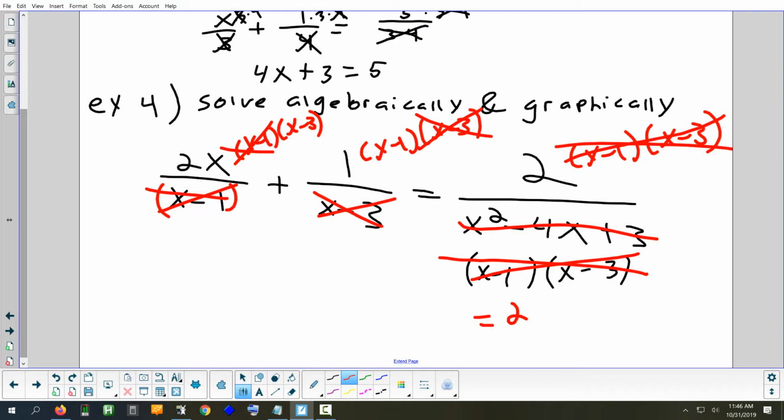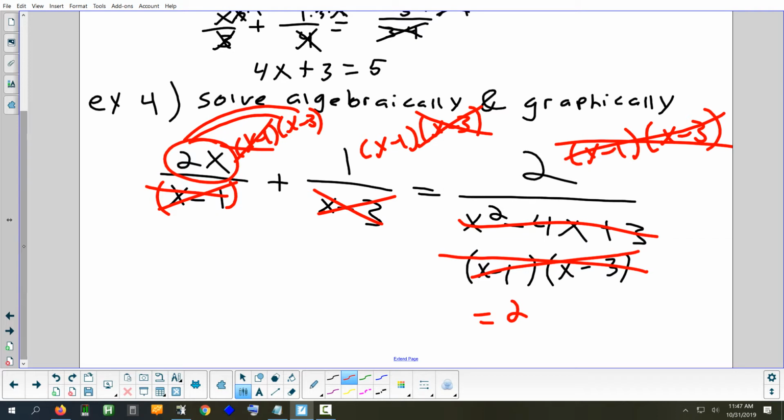Now the left-hand side, you got a little bit of distributive property to deal with. You got 2x times x minus 3. What's 2x times x? 2x squared, and 2x times negative 3. Yep. This is the part where people mess up. It looks easy, but you just don't want to make this mistake.